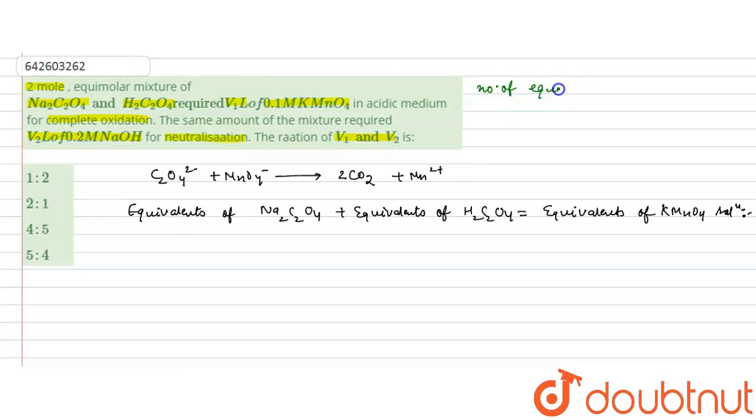It can be calculated from normality, as normality is equal to number of equivalents of the solute upon volume of solution in liters, or the number of equivalents is also equal to number of moles into n factor.